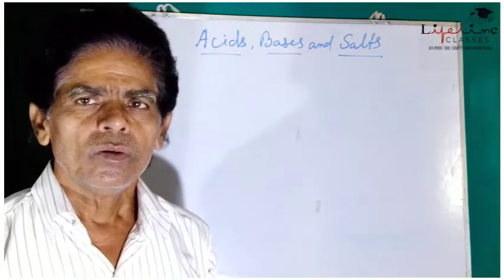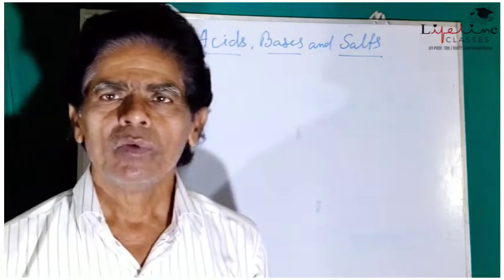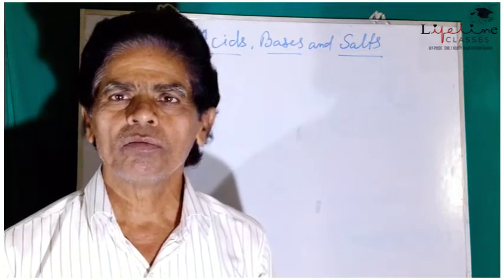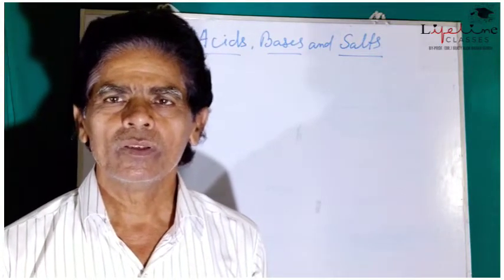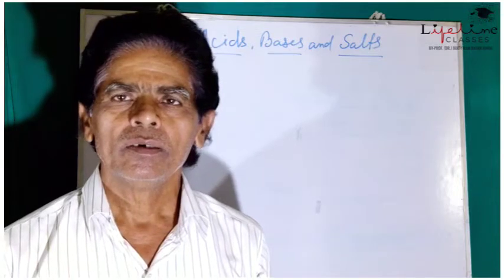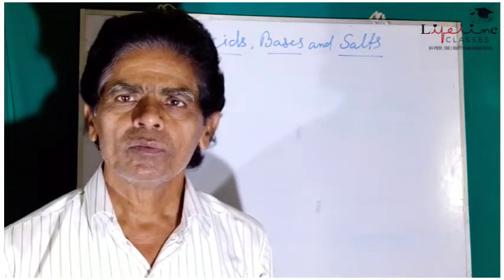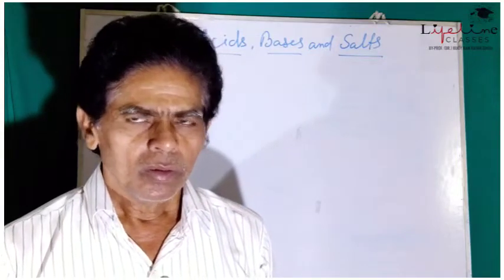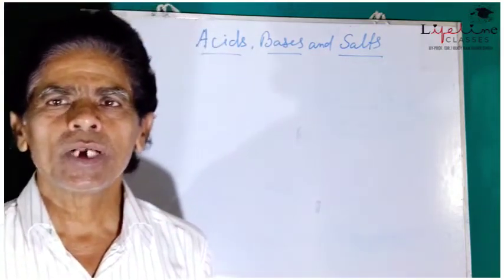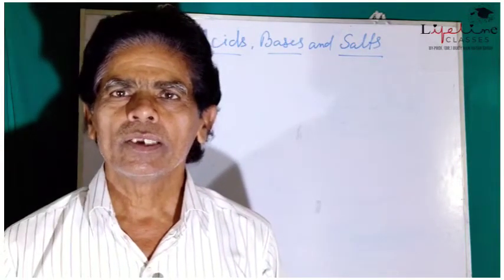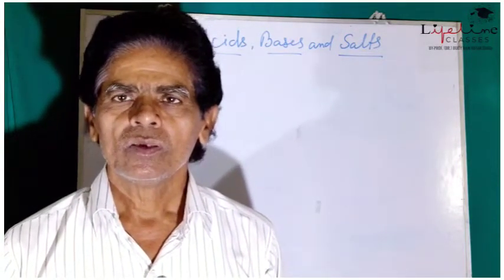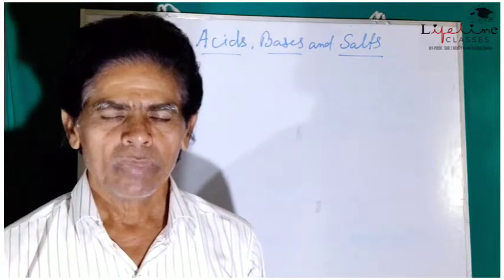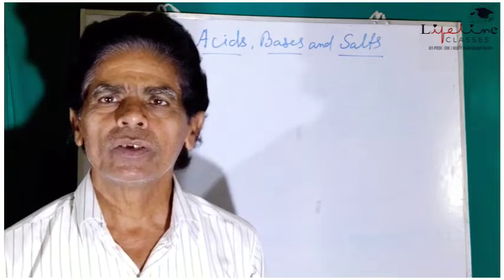In this chapter we will discuss the physical and chemical features of acids, bases and salts, their usage, and the preparation of some important salts also. So let us try to understand what acids and bases are and how salts are formed by the combination of acids and bases.